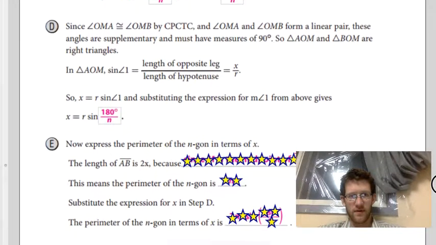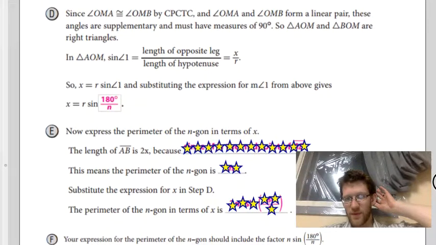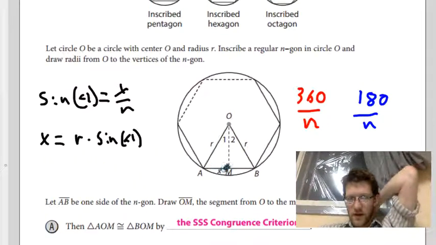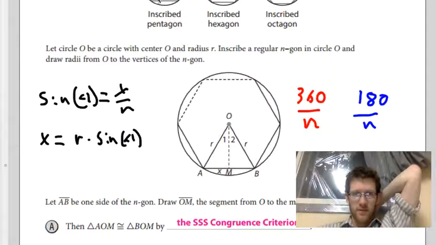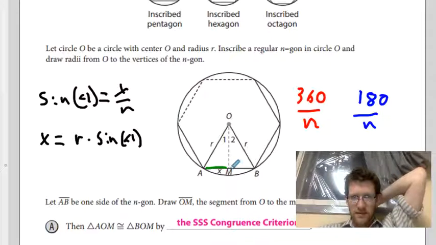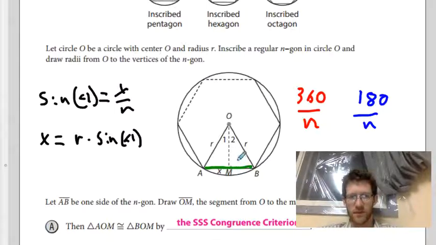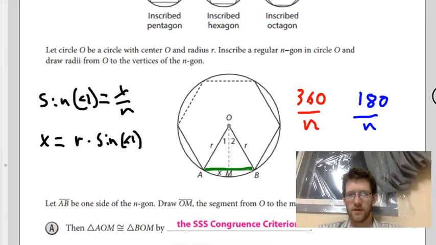So now we have an expression for x. And do you remember how we got the perimeter of this polygon using x? Well, this is x, so this whole distance here is 2x. And then we multiply that 2x by n, because n is the number of sides in the polygon.